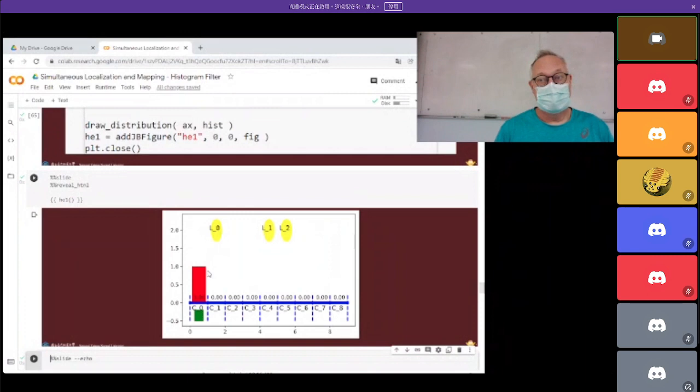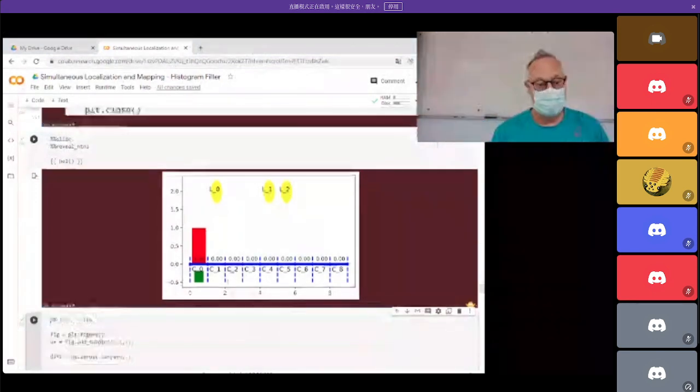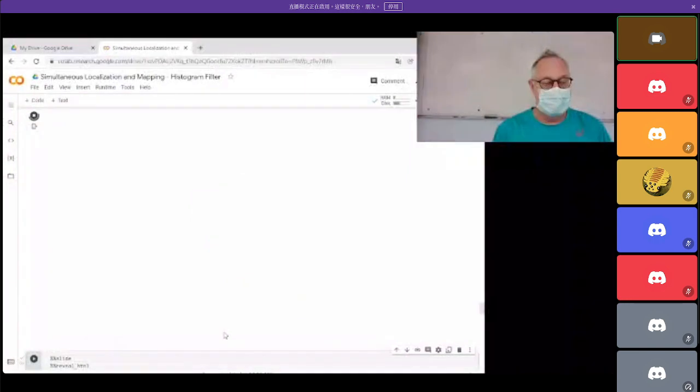The robot will assume there is only one light. No. The robot knows that there are 3 lights in the map. The robot knows the locations of the lights. In this case, nothing will change to the distribution.